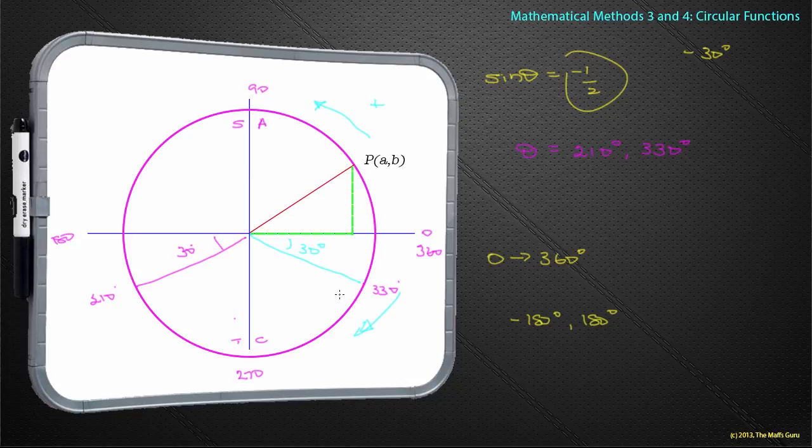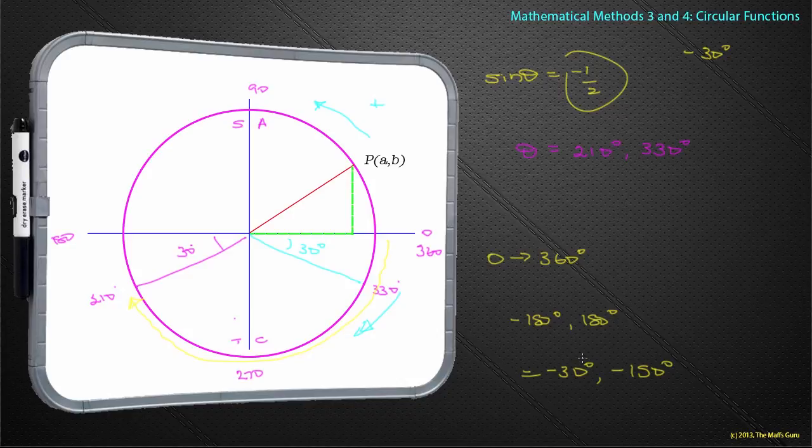So let's look at this one. We already know that this angle here is minus 30, right? So one of the angles would be equal to minus 30 degrees because I've gone 30 degrees under. What about this? How big is it from here all the way around to here? Well, it must be equal to 180 minus 30 degrees, so basically 150 degrees. Those are my two solutions.